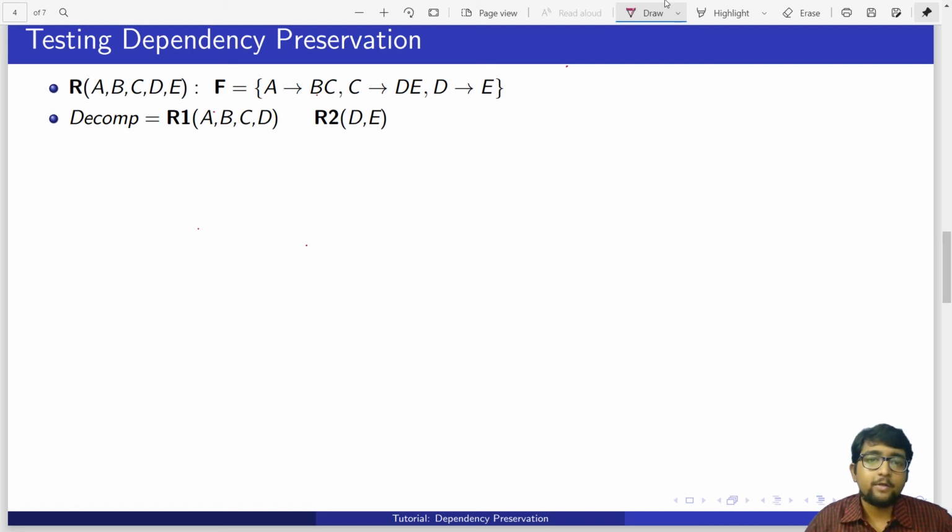Before going to that, you can check that A functionally determines B and C, you can directly apply on this table because they have all the required attributes A, B and C. C functionally determines D and E. So you can apply C functionally determines D, that is fine on this table because C and D are there, correct? But you cannot apply C functionally determines E because C and E are not together in any table, correct?